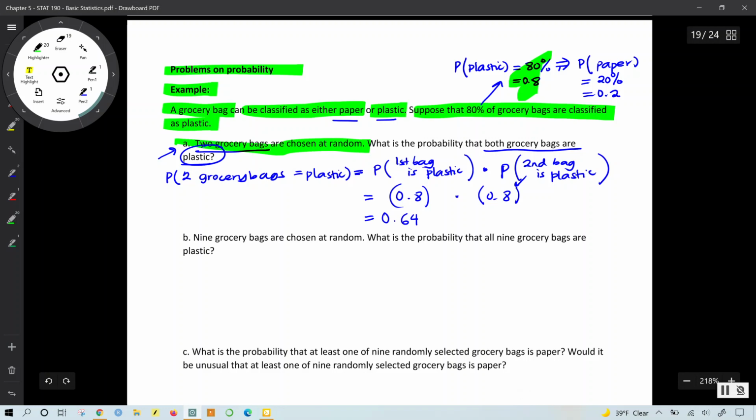0.64. Then next, we're told that 9 grocery bags are chosen at random. What is the probability that all 9 grocery bags are plastic? This is very similar to what we just done.